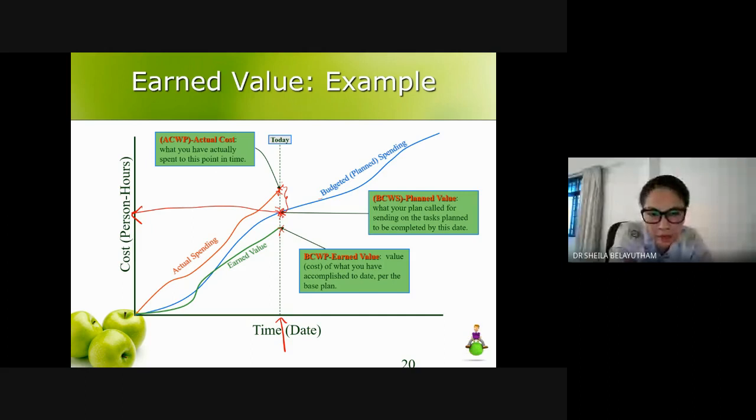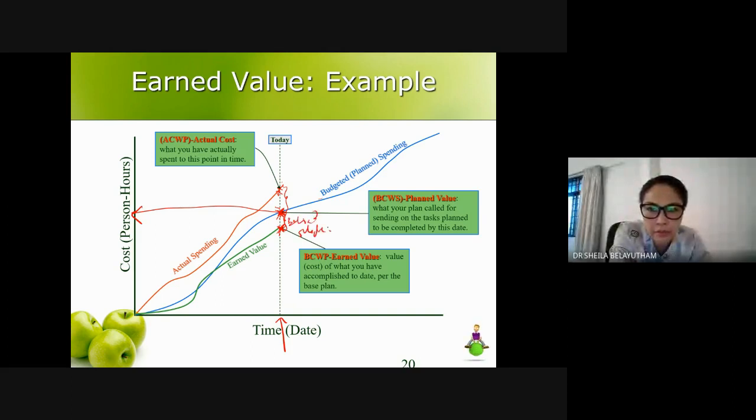However, the work that you have performed on site is only at this value. Supposedly, whatever you have performed, the value should equate as such. However, the work that you have performed is only worth this much. So which means you are kind of behind the schedule. So the progress on the side is not as what you wanted. Okay, so it's behind schedule.